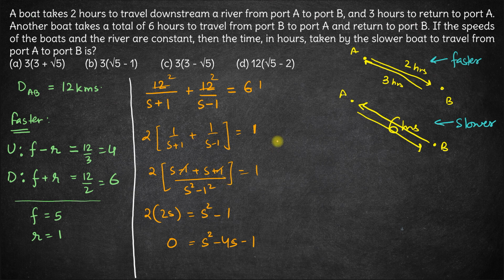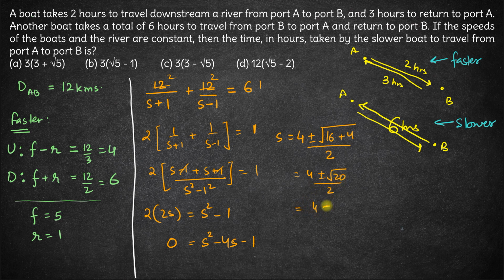Okay. And once you solve this, it is basically a quadratic. It's difficult to factorize this, so it's best to use the formula method here. The value of s comes out to be minus b, which is 4, plus minus square root of b square minus 4 times 1 into minus 1. So that becomes plus 4 upon twice of a, which is 2. So this is 4 plus minus square root of 20 by 2.